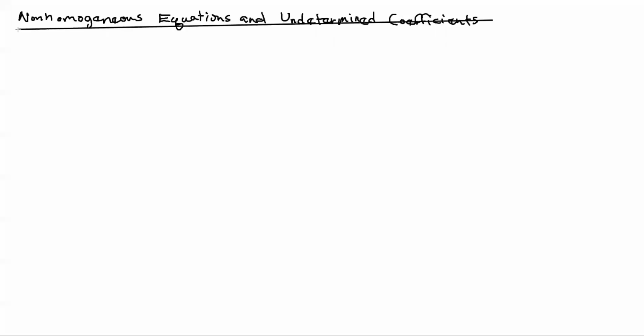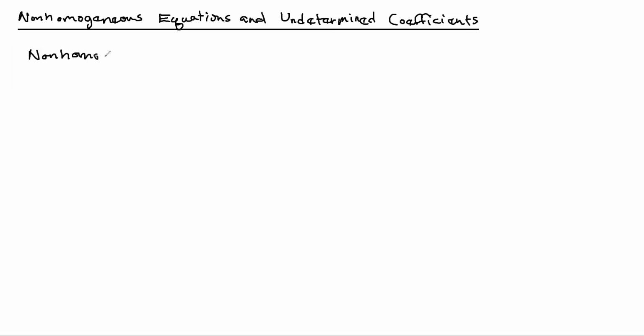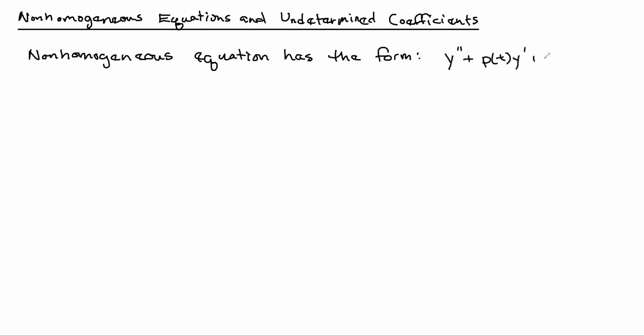Okay, so the first thing we need to do is to just refresh our memories on what a non-homogeneous equation is. A non-homogeneous equation has the following form: y double prime plus p of t y prime plus q of t y equals g of t.